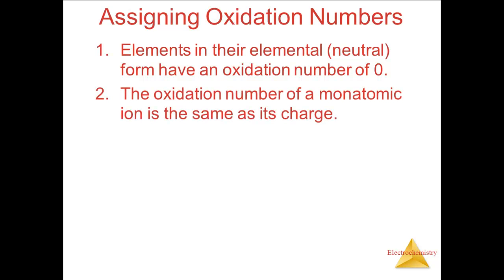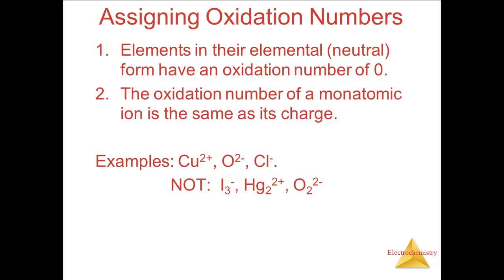Rule 2. The oxidation number for a monatomic ion, either positive or negative, is the charge of the ion. For example, Cu2+, O2-, or Cl-, but not I3-, Hg2 2+, or O2 2-.